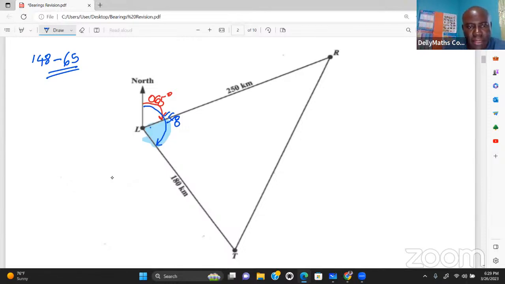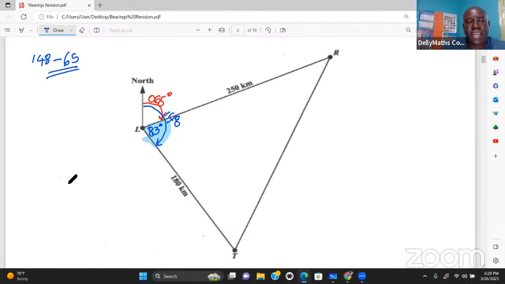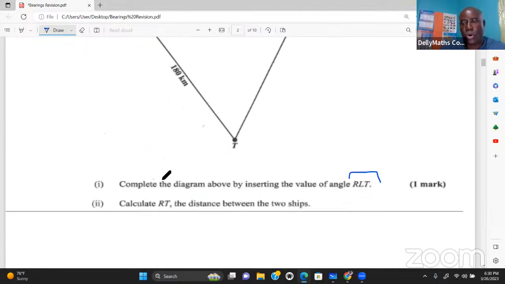So this is 83 degrees right there, that angle. Sometimes you're not going to get everything, but you're supposed to be able to put the things together in an effort to figure out what goes on. So if I get two bearings from one point, I'm able to find the angle between, all right? So we can always employ subtraction and we're good. So this would have been 83 degrees right there.